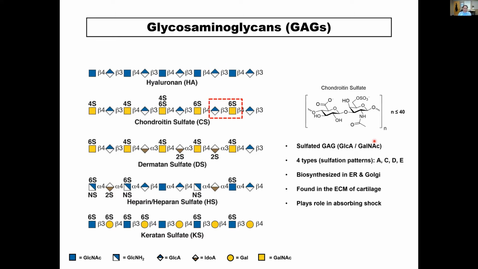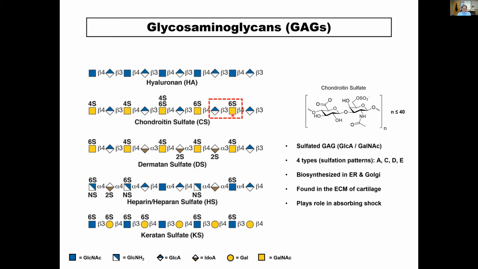So we'll move on to the next class of GAGs. These are known as chondroitin sulfate. Chondroitin sulfate is, as the name suggests, a sulfated glycosaminoglycan. What does that mean? That just means that we have different sulfate groups, shown here, attached to different carbons or oxygens of our different monosaccharides. Chondroitin sulfate is made up mainly of the disaccharide subunit of glucuronic acid and N-acetylgalactosamine.